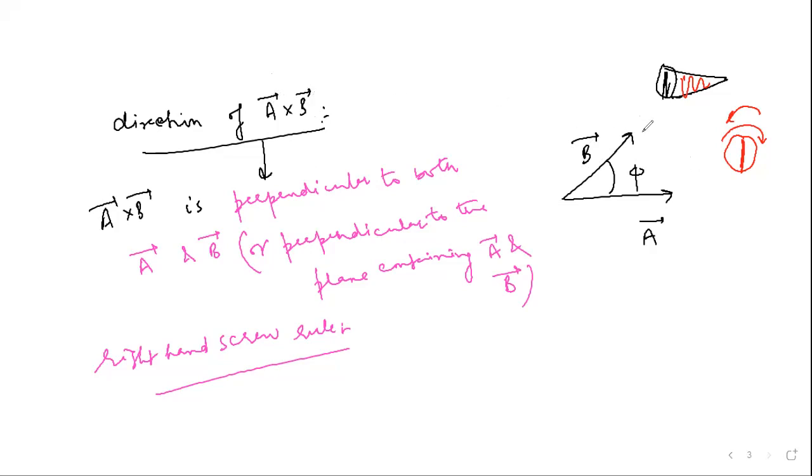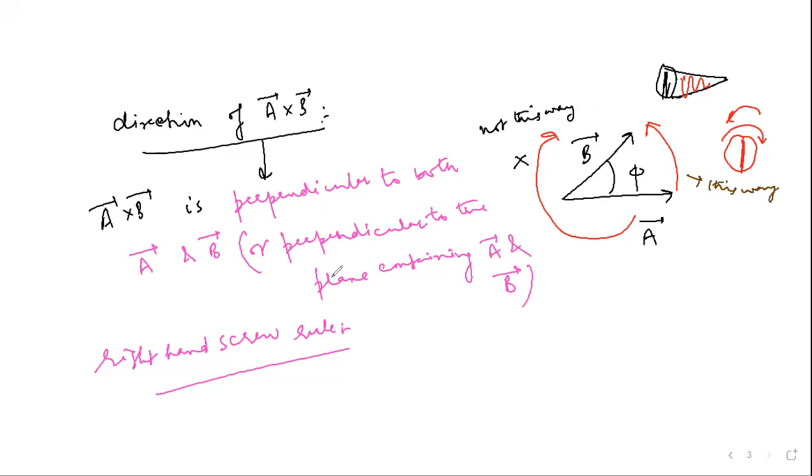towards the second vector, that is B, but through the smaller angle, not this way, that means this way, not this way. Right?